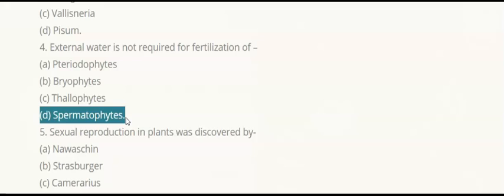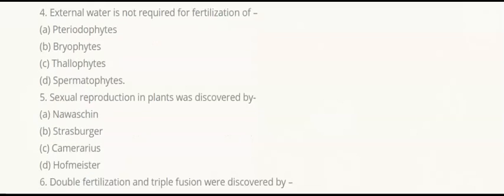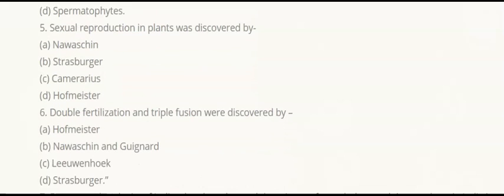So in the kingdom Plantae we have these three divisions, followed by spermatophytes also: thallophyta, bryophyta, pteridophyta, and all these three need external water for fertilization. But when we go to spermatophytes, in which we find angiosperms and gymnosperms, you find all around these trees, all around these plants on earth, which are not aquatic, rather they are static terrestrial plants. So we'll go with option D, that is spermatophyta or spermatophytes.